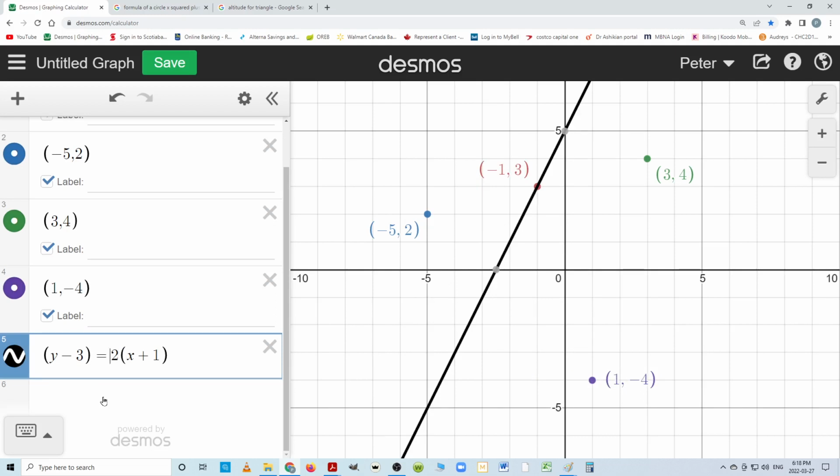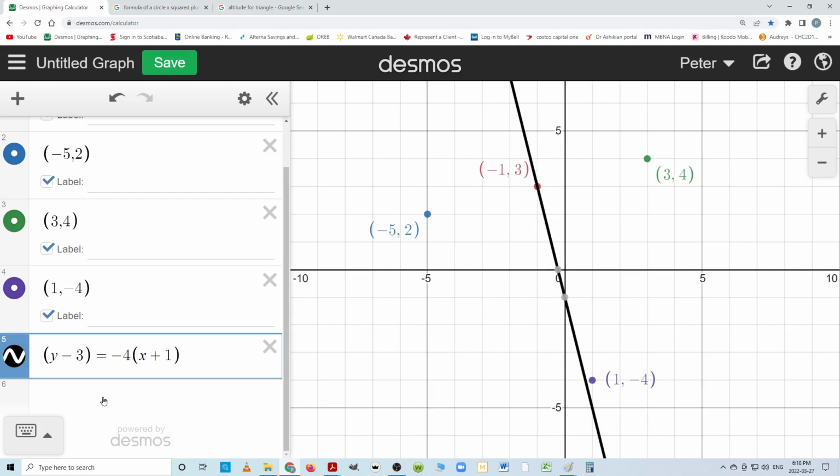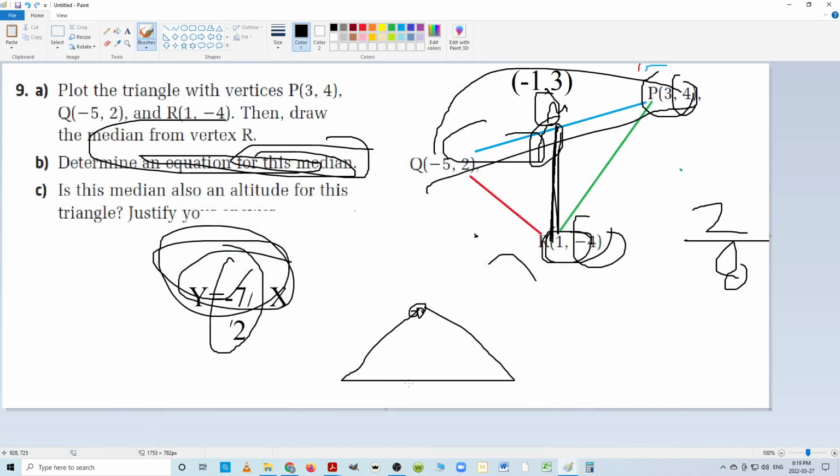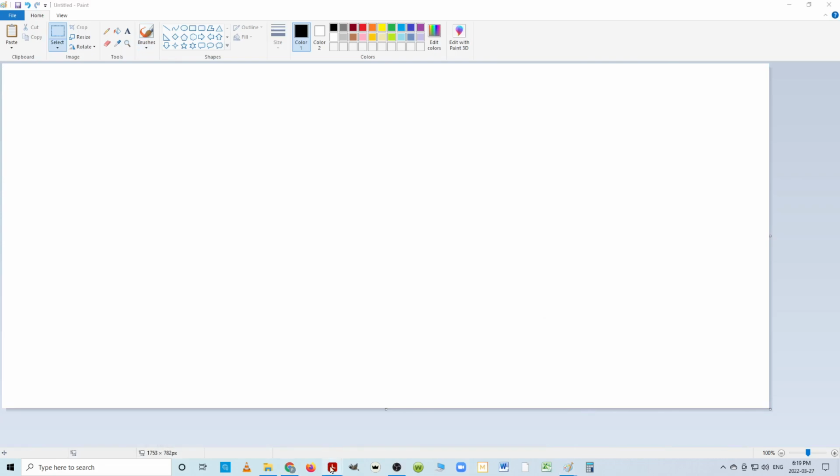I don't know why I'm not getting that. 4, 2, 2 over 8, so it'll be minus 4. There we go. And as you can see, that's at right angles to the red line and just misses. Kind of a cruel question. Essentially, altitudes that would reach that corner would be at right angles to that line. And it needs knowledge of triangles to answer that question.